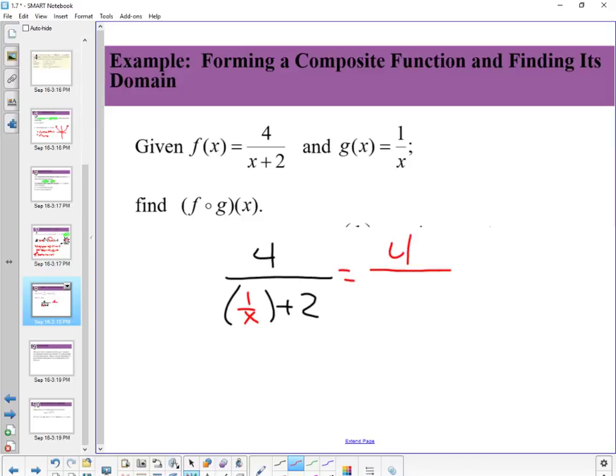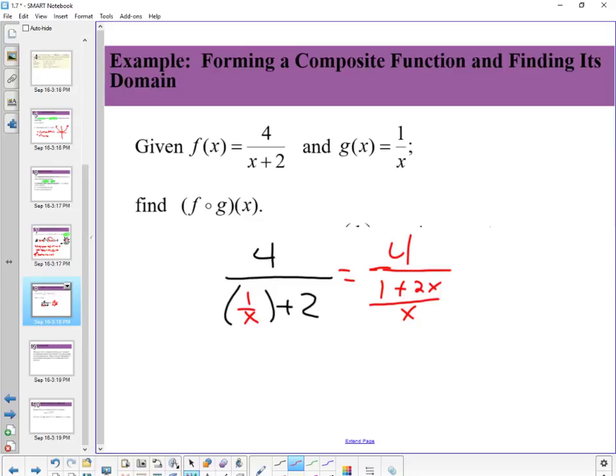That's going to give me x plus 2x over x? No, it should be 1 plus 2x. Did I skip a step too many?